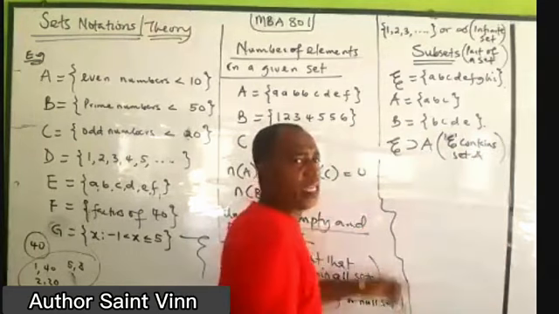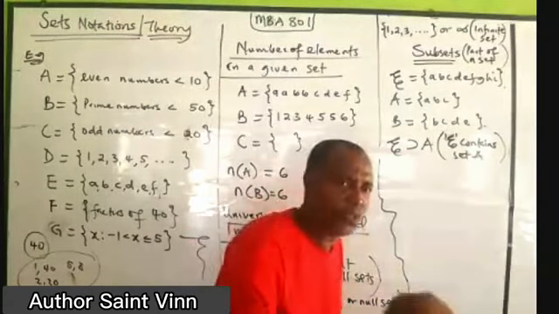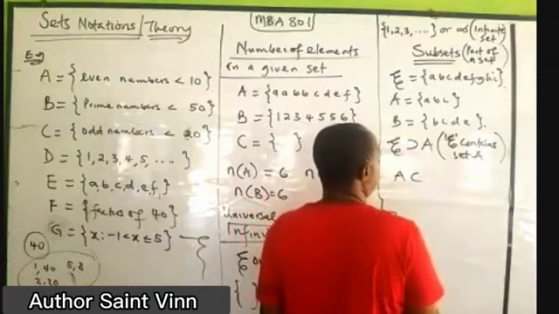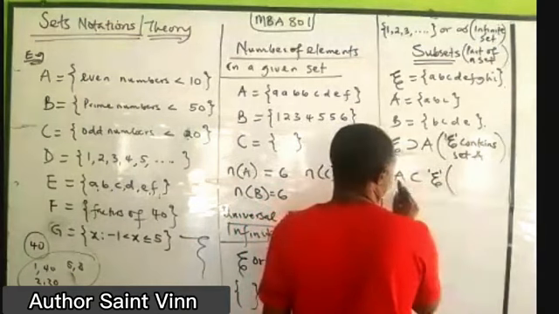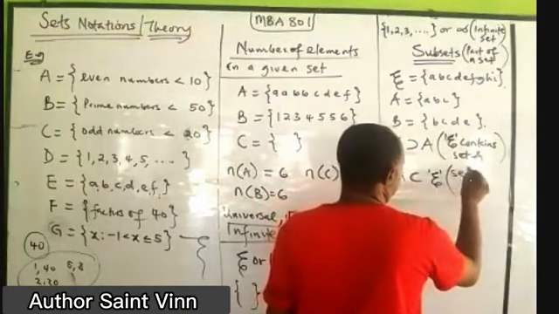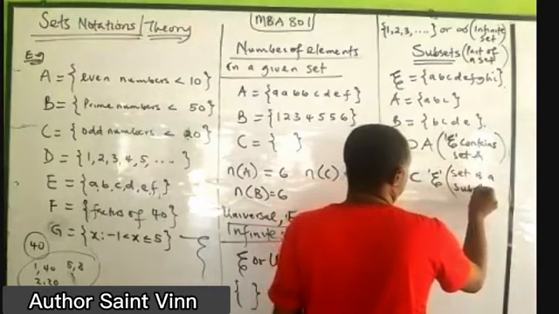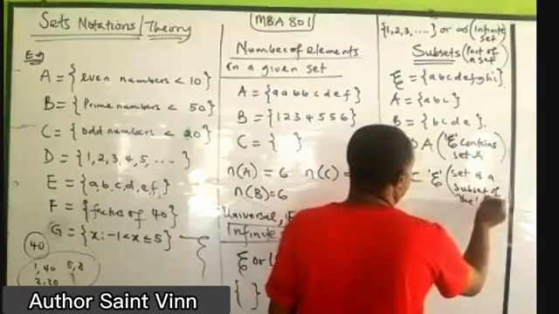Nobody will be asking whether this contains or not. When they set the question, you will see those symbols, so you should know what they mean. And set A is a subset of the universal set. This symbol is subset.